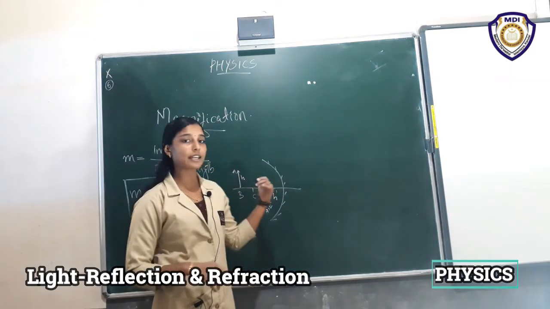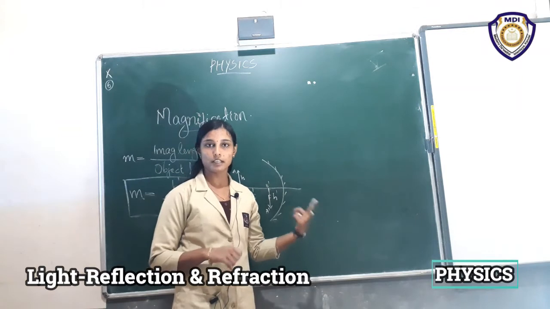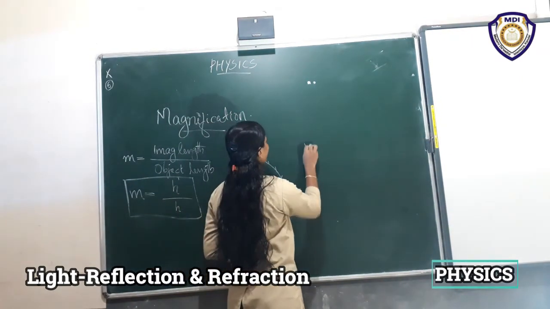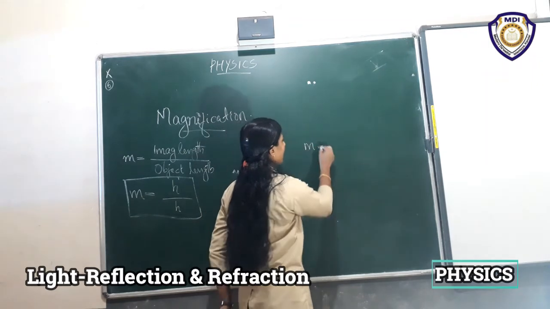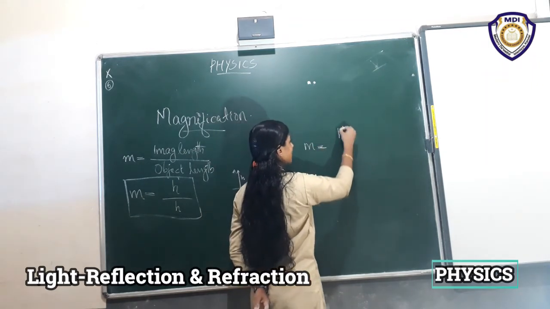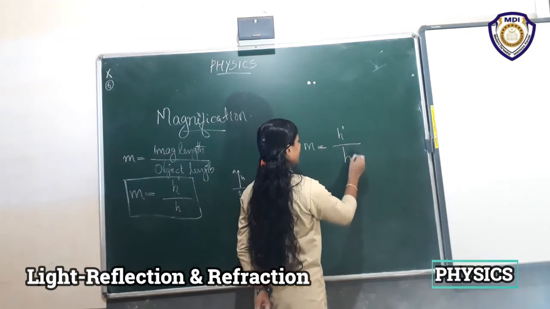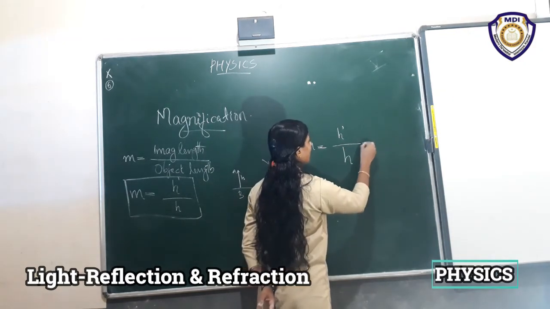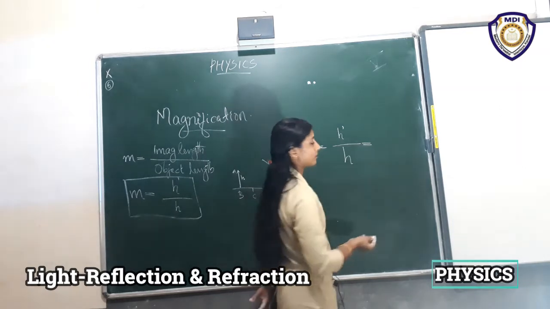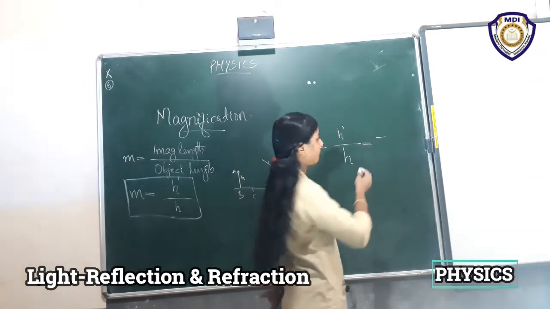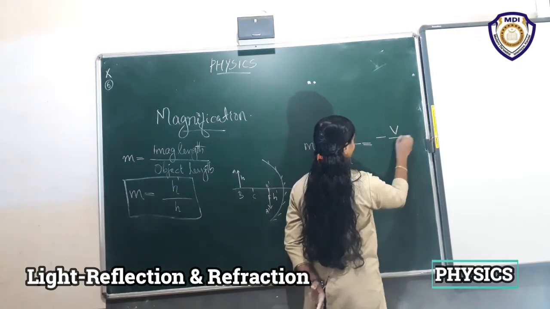Magnification is image height to object height, and it is also equal to minus v by u.